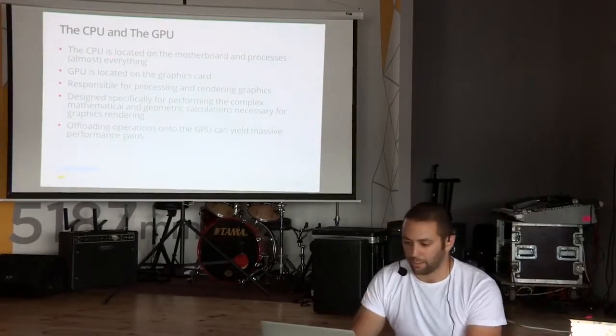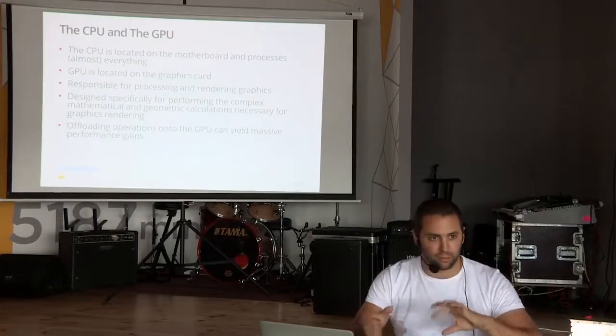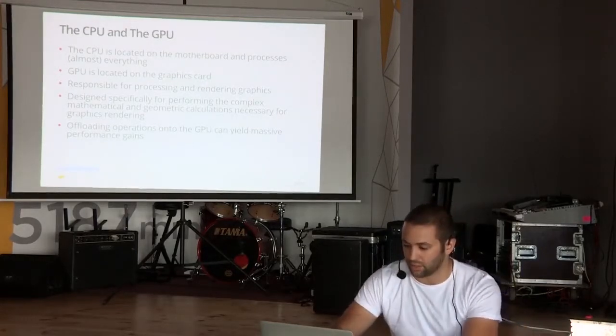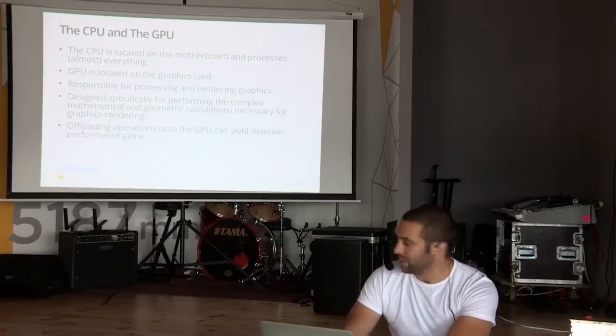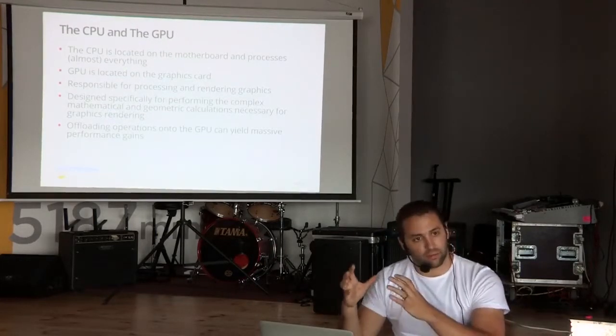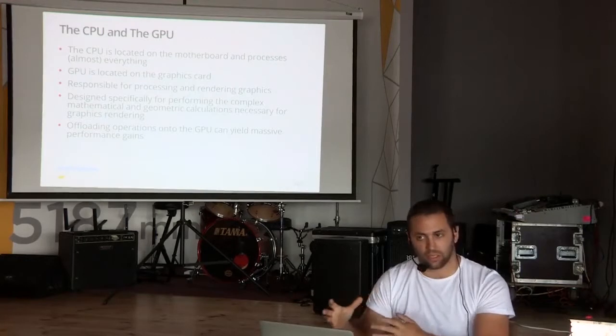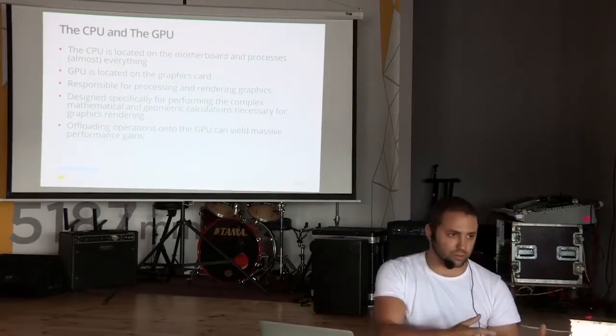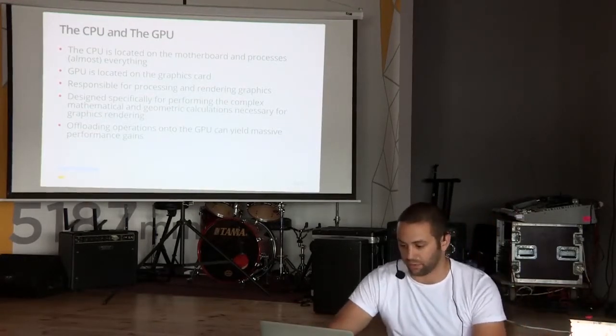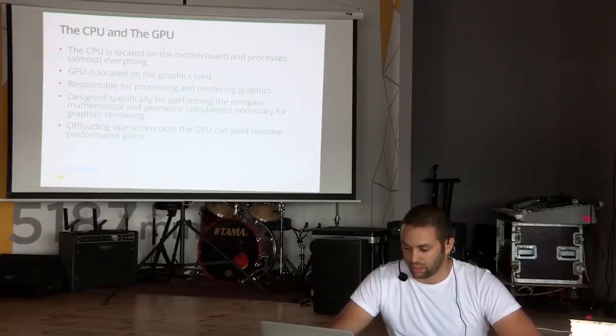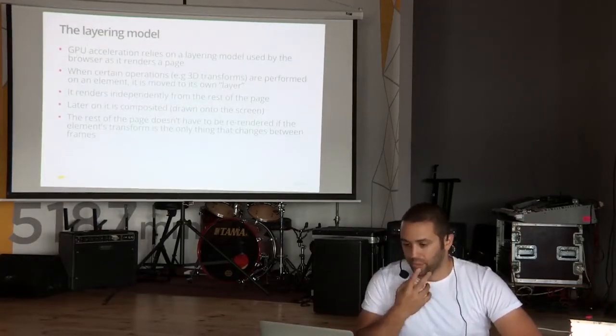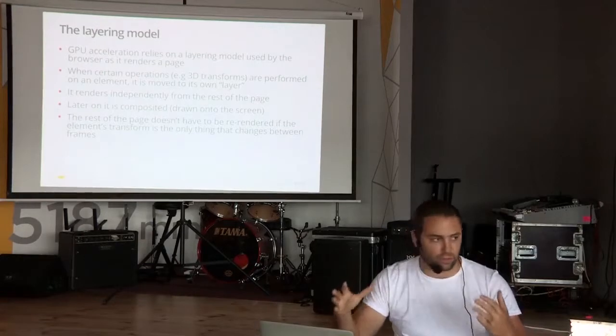So complex math and geometrical calculations are done on the graphics card. If we take such calculations and put them on the graphics card to work, we can get a significant performance gain.